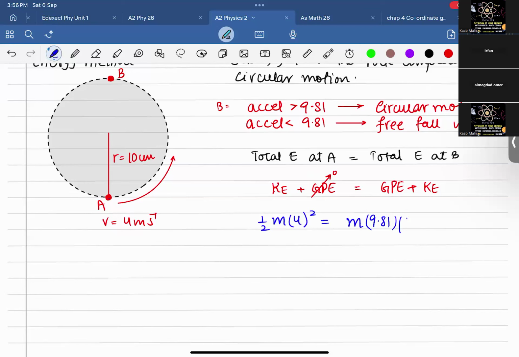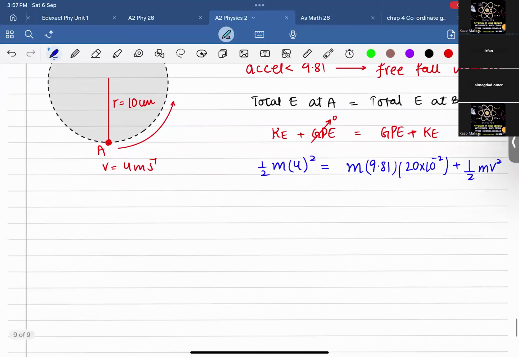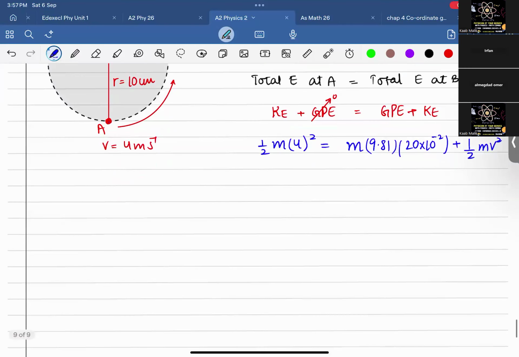Plus the kinetic energy, which we don't know, or the velocity, which we don't know. Now we can cancel m out by taking m common from both sides.